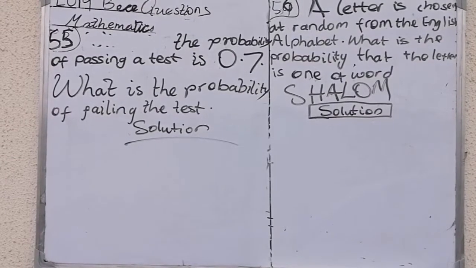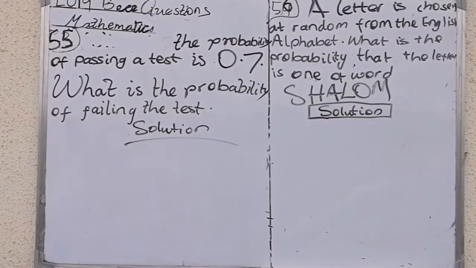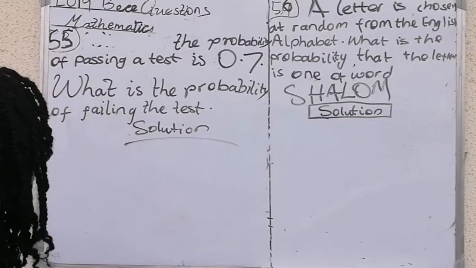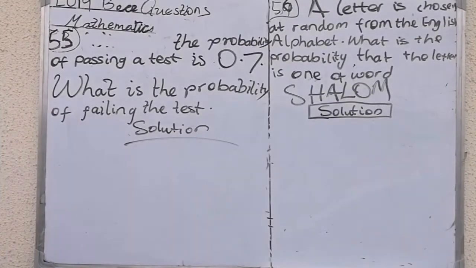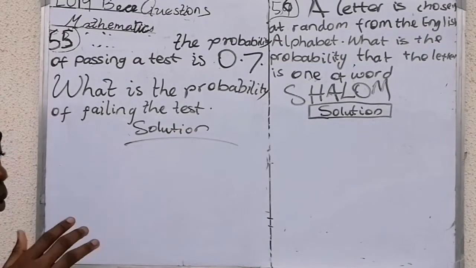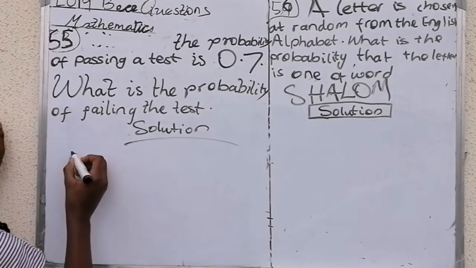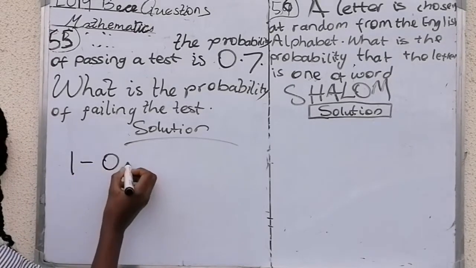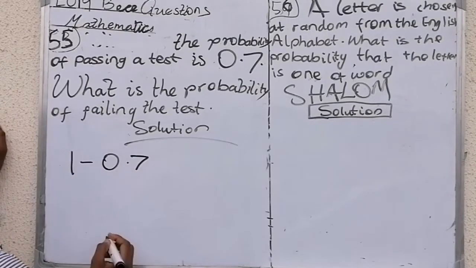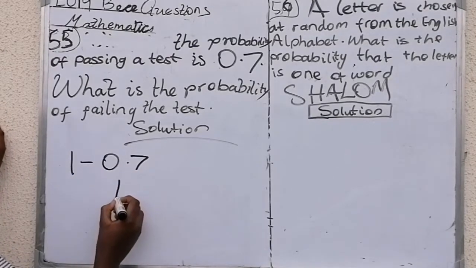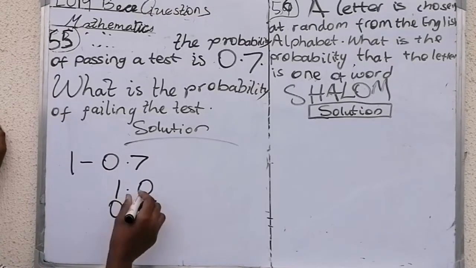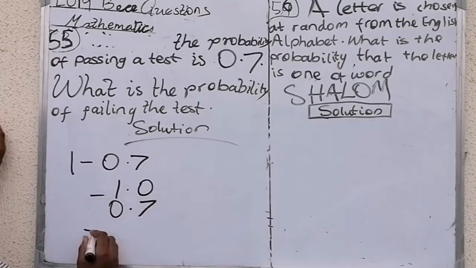Let me pause. Now the probability of failing or passing a test is 1. So what we have to do is subtract 0.7 from 1. So 1 minus 0.7. 1 can be written as 1.0, minus 0.7.